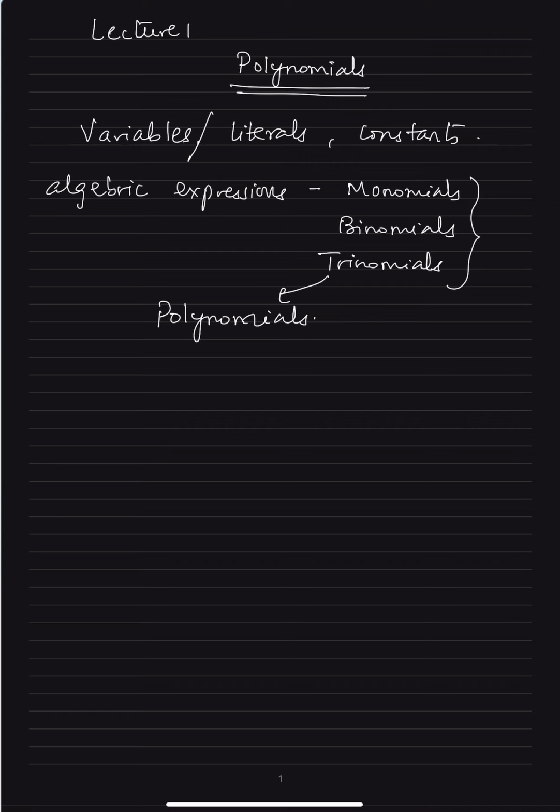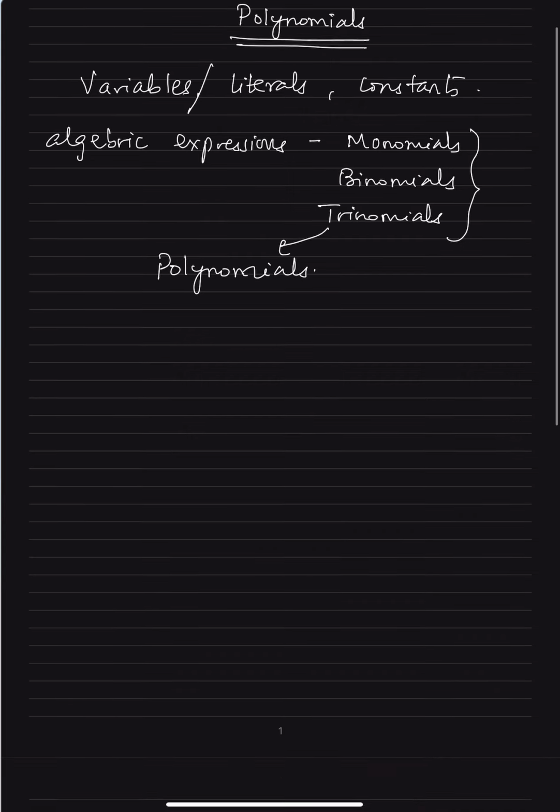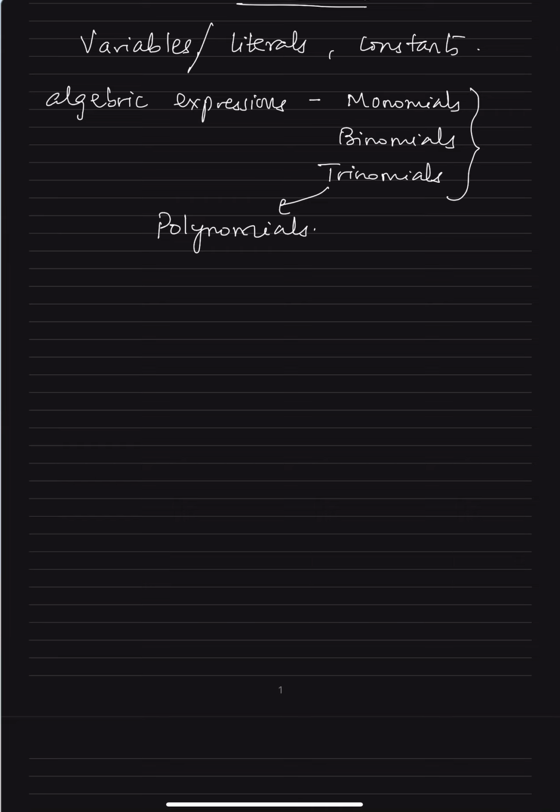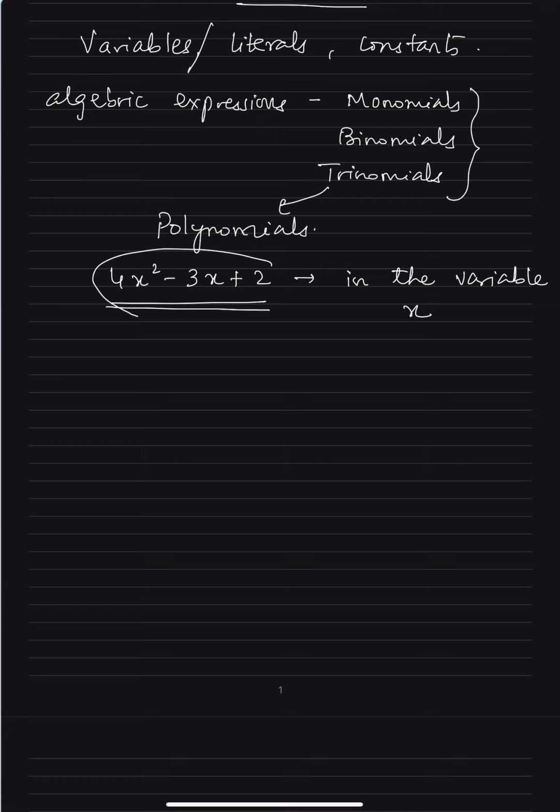Okay, poly means many. Now, if I give you an algebraic expression of the form 4x square minus 3x plus 2, then we call it the algebraic expression in the variable x. This is called the algebraic expression in the variable x, and so it is also known as polynomial.